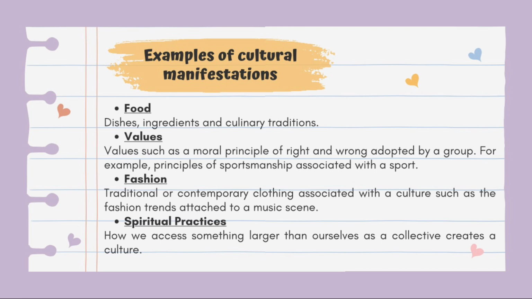For example, principles of sportsmanship associated with a sport. In the case of fashion, fashion is traditional or contemporary clothing associated with a culture, such as the fashion trends attached to a music scene.